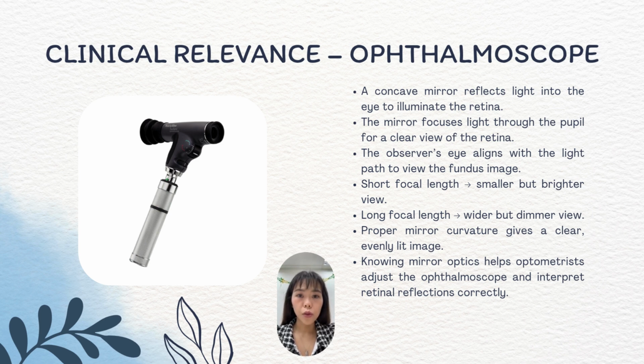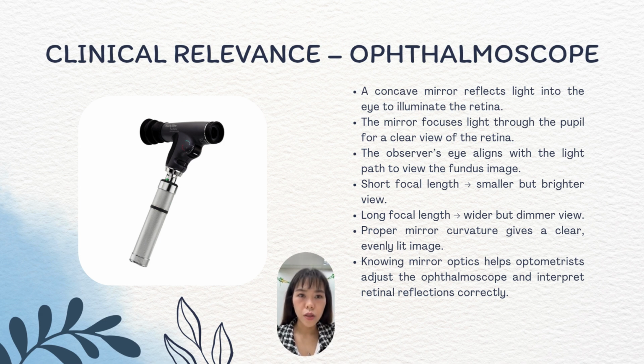The ophthalmoscope is a perfect example of applied mirror optics in clinical practice. It uses a concave mirror to direct light into the patient's eyes and illuminate the retina. The mirror reflects light through a small hole so that the examiner can look directly through the pupil and observe the internal eye structures.